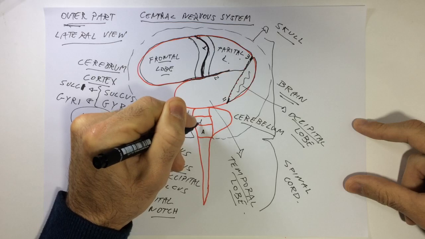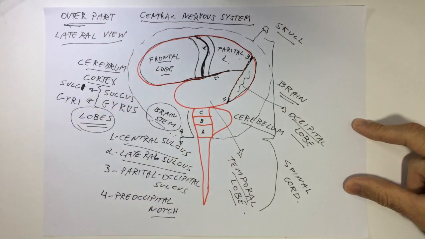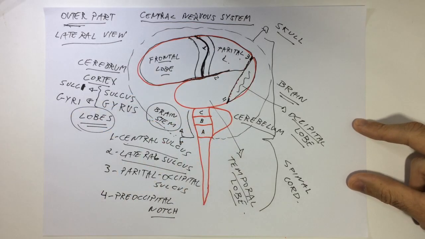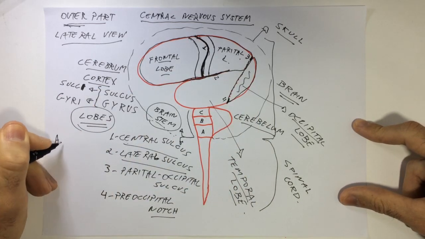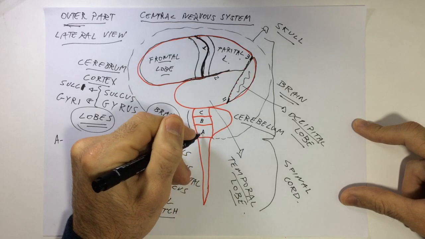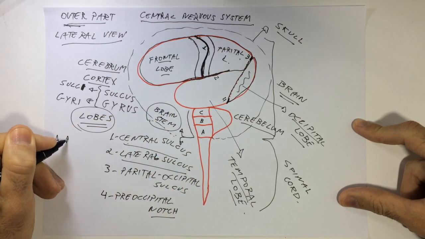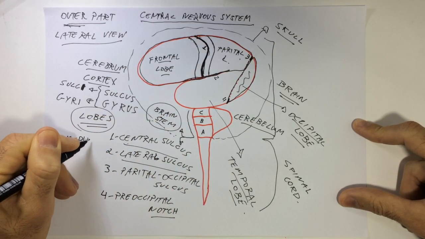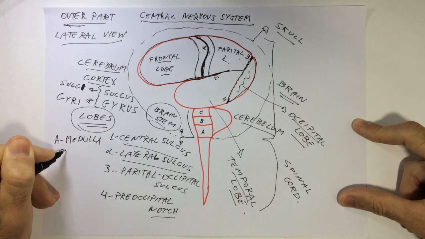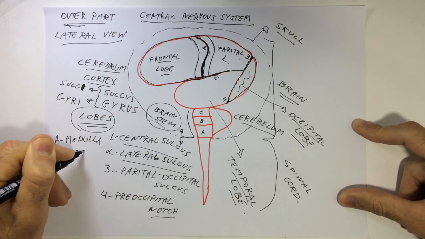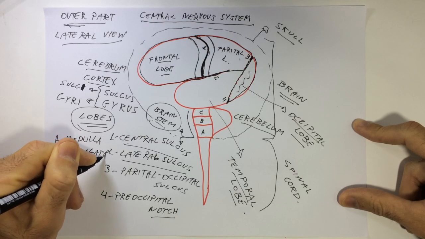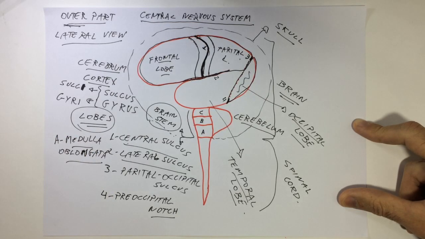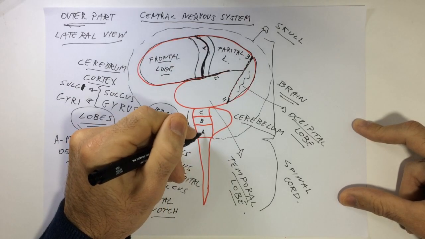A, B, C. A would be the medulla oblongata.